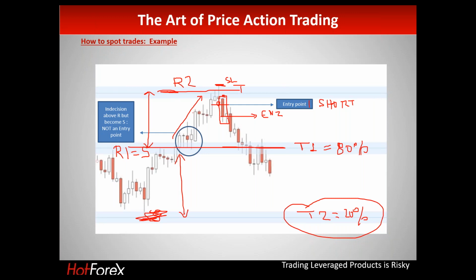That's why you need to be patient for the candles to close before taking an entry. If you don't want to be 24 hours a day on your PC, use pending orders, okay, with stop losses and with targets.